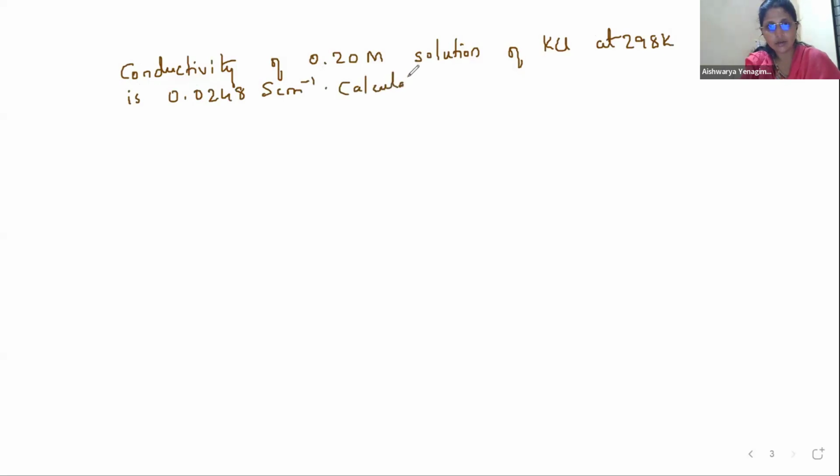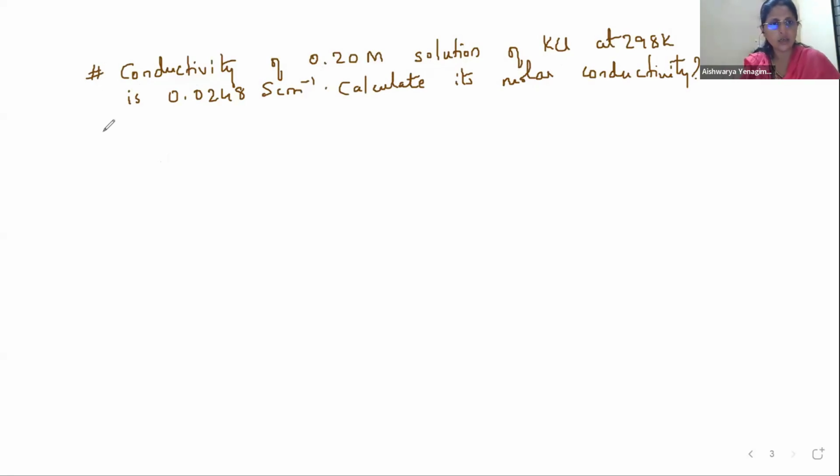Calculate its molar conductivity. So how do you do it? Look at what is given, substitute it and put the proper formula.